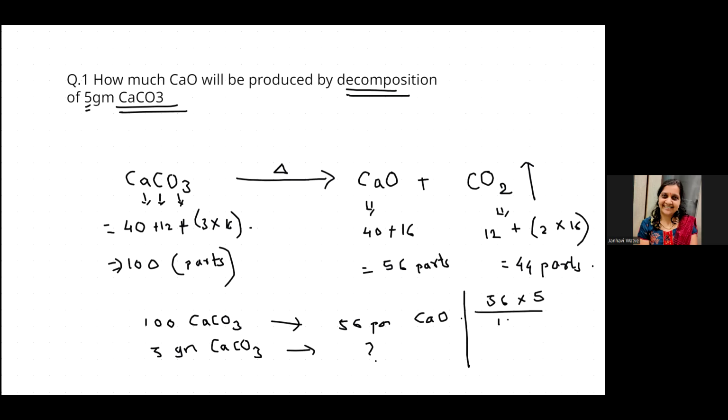If you solve this further, you will get 2.8 gram of CaO, that is calcium oxide. So your question was, how much CaO will be produced by decomposition of 5 gram of CaCO3? And the answer is 2.8 gram calcium oxide will be produced by decomposition of 5 gram of calcium carbonate, that is CaCO3.